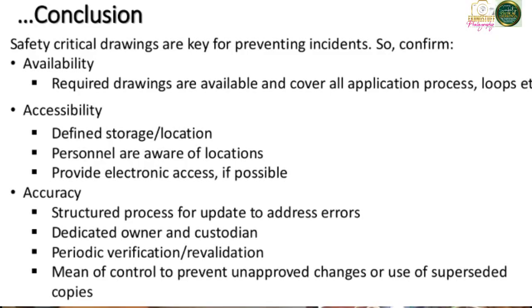Then we as safety professionals are to confirm that on each of the facilities that we are working at or supporting, or that we are posted to or transferred to or providing supervision over, that the right form of safety critical drawings are available. And that the drawings are not only available, that they cover all applicable processes on that facility, all applicable loops that we may need to deal with on that facility. It is also key for us as safety professionals to ensure that these drawings are not only available, that the drawings are accessible.